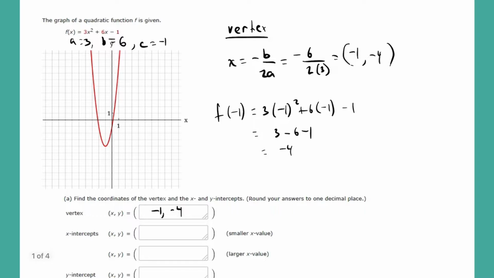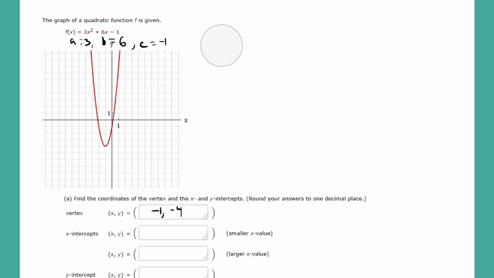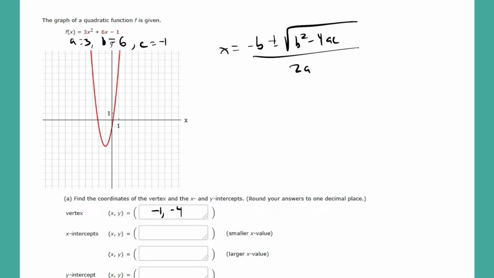The x-intercepts seem to be 0 and negative 2, but we don't want to assume that's the case. In order to figure out if that's exactly what it is, we should actually apply the quadratic formula. So x equals negative b plus minus the square root of b squared minus 4ac, all over 2a.